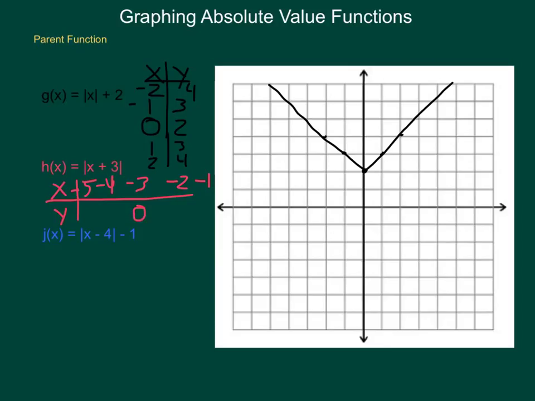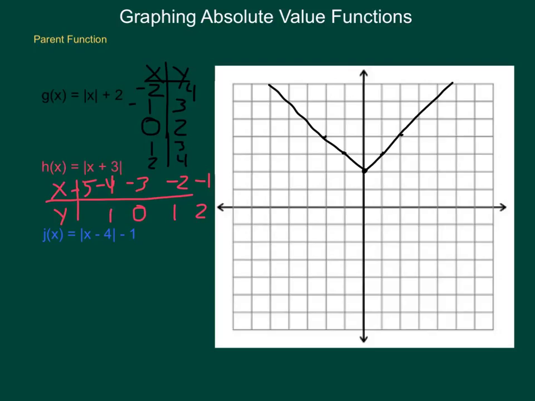If I put in a -2, -2 plus 3 is a positive 1. Absolute value of 1 is 1. Next, using -1, -1 plus 3 is 2. Absolute value is 2. Moving to the left, -4 plus 3 is -1. When I take the absolute value, I get 1.